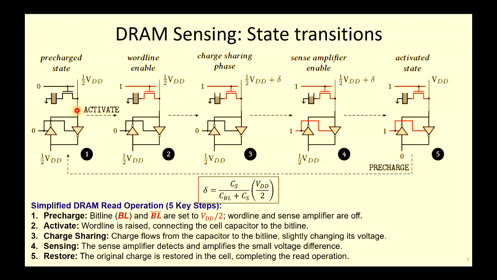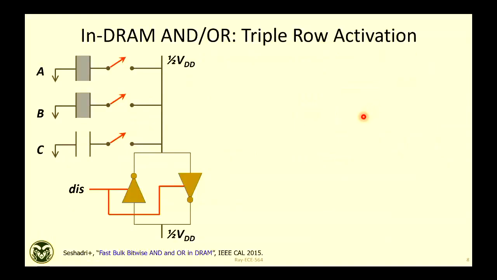Okay, so if this process is clear, now let's do the same process with a little bit of change for computing. This is how computing will take place in DRAM. You have to activate multiple rows together. In the Ambit paper, they talked about triple row activation, where three rows are activated simultaneously.